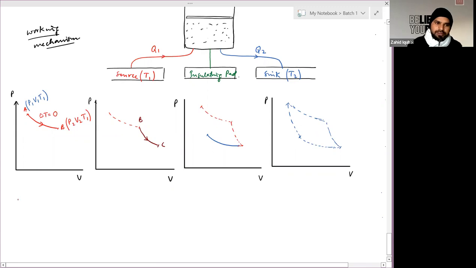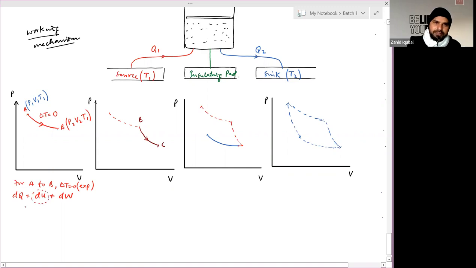So using first law, dQ equals dU plus dW. For A to B, which is isothermal expansion, there will be no change in temperature, so the change in internal energy will be 0 in this part.